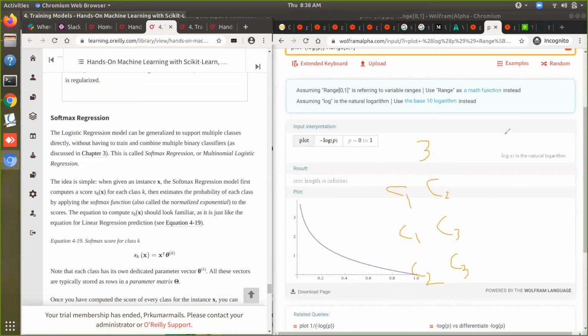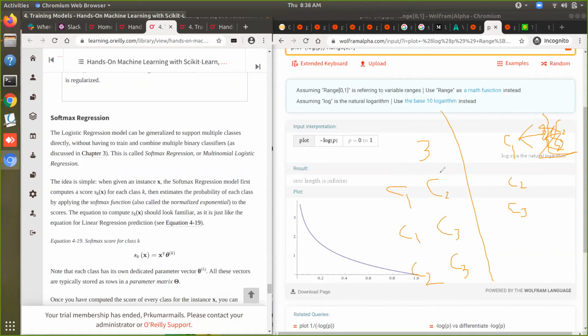That is 3 different models. Or else there will be one model for class 1 versus classes 2, 3, 4. Similarly for class 2, another model, whether it is class 2 or not. Similarly for class 3, we have another model. So if there are n classes, we have n models. This is called one versus rest, and the other is called one versus one.